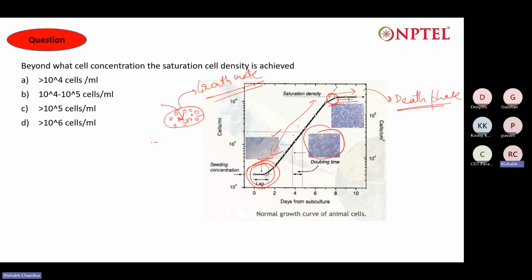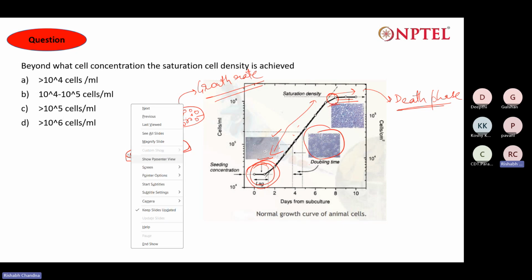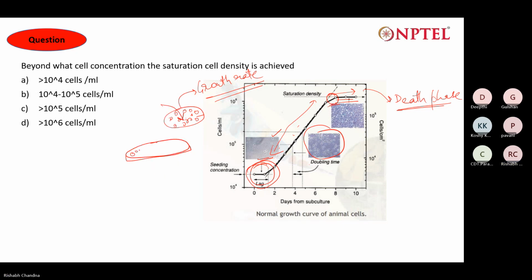So as we know, considering this as the culture plate that we are studying in, when animal cells are fully confluent, that means they have covered the full surface area of the plate. So now what will happen? Their dividing capacity will also be reduced.